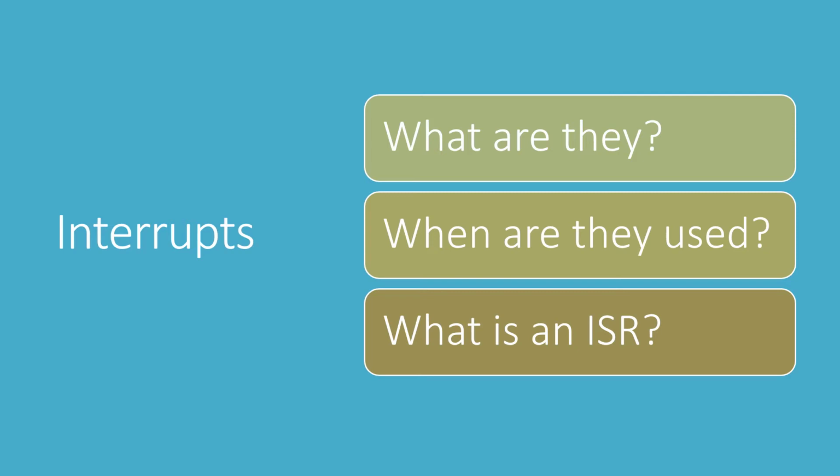And ISR, that stands for Interrupt Service Routine, and that is the software within the operating system that implements and handles interrupts and makes sure that the processor swaps seamlessly between the different tasks that it needs to do.